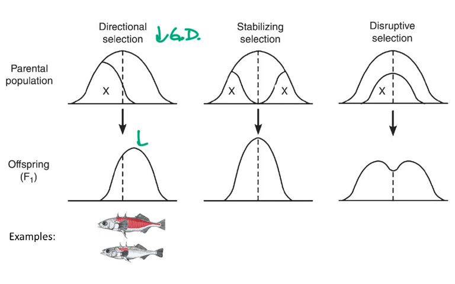An example of this is with sticklebacks. When stickleback fish, for instance, move from salt to fresh water, they experience a reduction in the number of armored plates that are on their side. So that's what's shown in the red here. That's an example of directional selection because you're shifting that phenotype in one direction, in this case, a smaller number of armored plates.